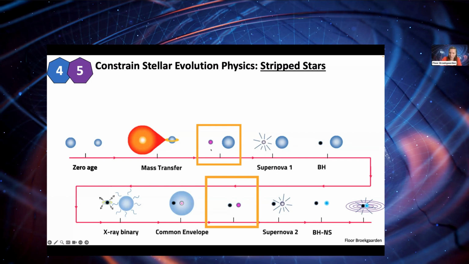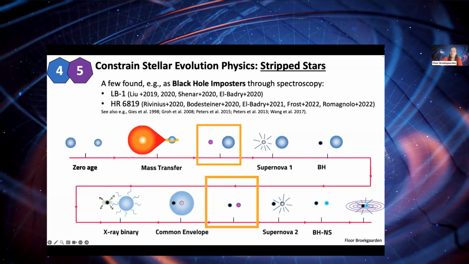And now, in the past year or two, we can observe these. For example, a few systems in this phase have now been found as either black hole impostors or Gaia black holes. Then we'll hopefully see more of these intermediate stage systems, hopefully also the ones that are closer to the ones that we think might form gravitational wave sources.